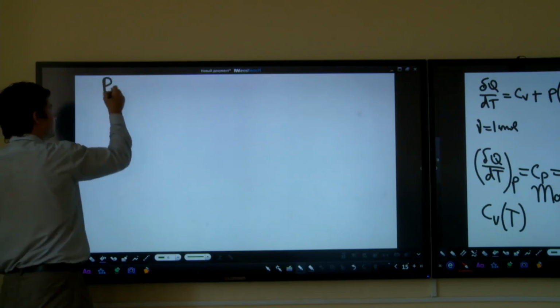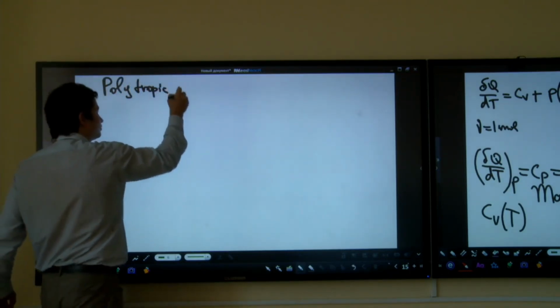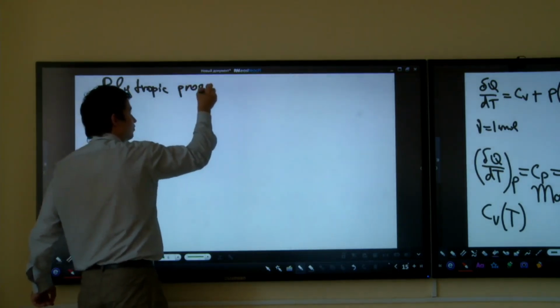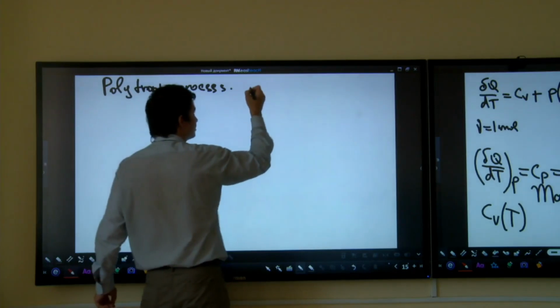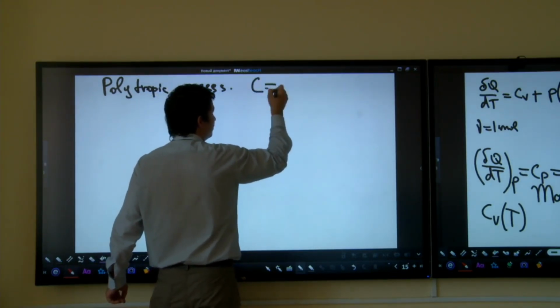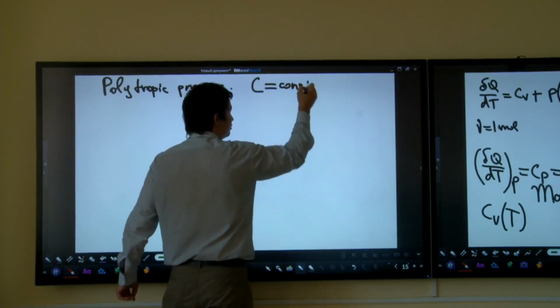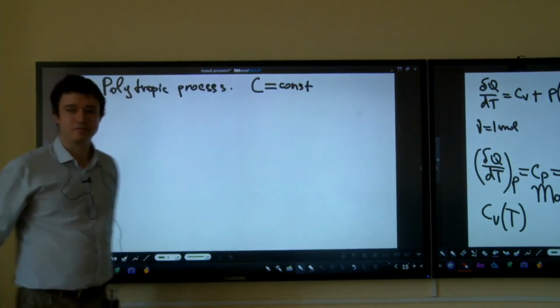So the polytropic process is the process in which the heat capacity remains constant throughout the whole process.